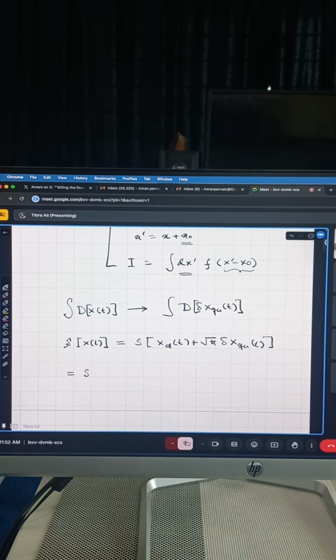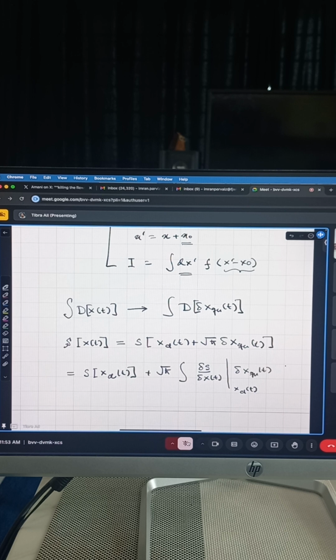Okay, so good. So if you do a Taylor expansion, we'll have the classical term, so this is the action evaluated on the classical path, and then we have a linear term, and inside the linear term we'll have a functional variation of the action with respect to x of t. x of t is some dummy variable, and this is evaluated on the classical path times delta x quantum of t, and this is integrated over t.